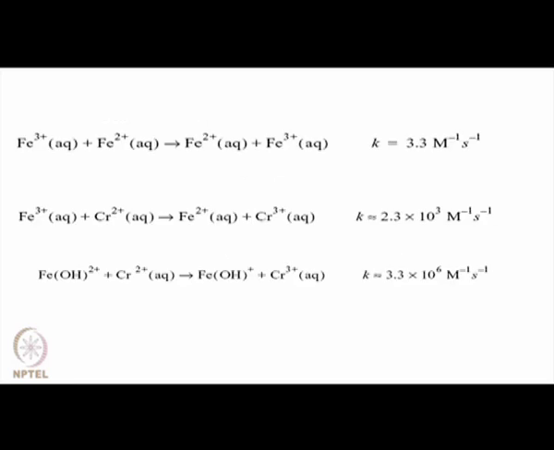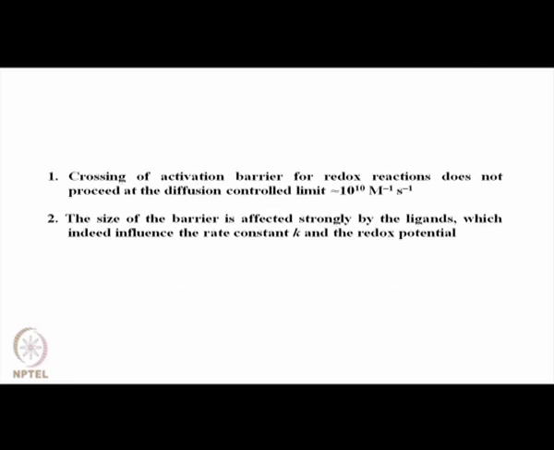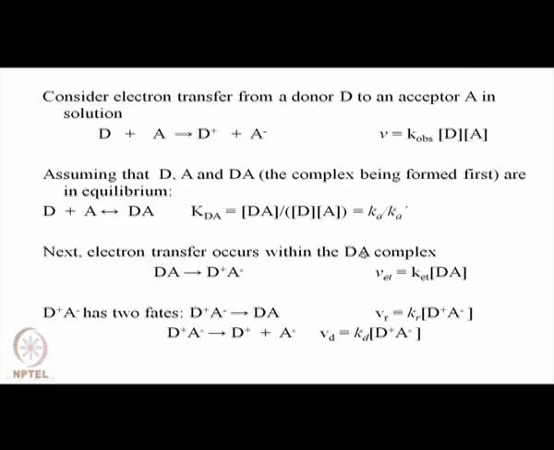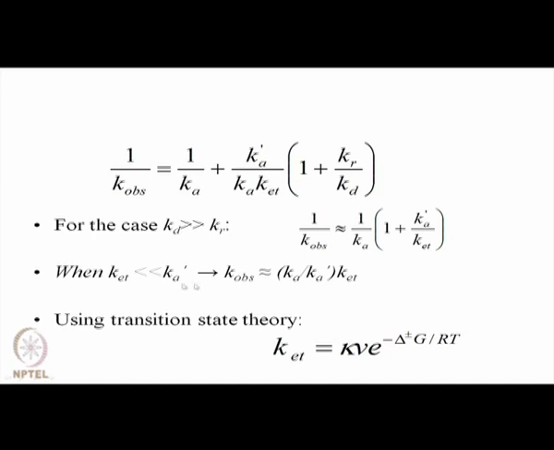We discussed that with several examples, and we also talked about their kinetics and the factors that affect them, and different situations, like when Kd is much greater than Kr, or when K electron transfer is very much less than K dissociation of your donor-acceptor contact complex.